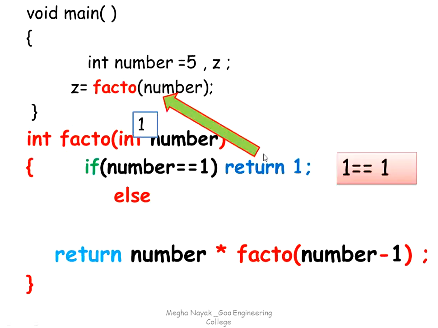And now since 1 is equal to 1, this is going to return 1 over here and help in the evaluation of the other steps, and therefore this is then going to return 120 as your final answer because of this return, the blue return.